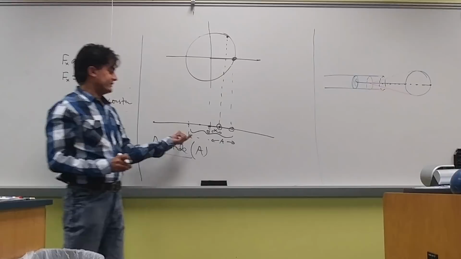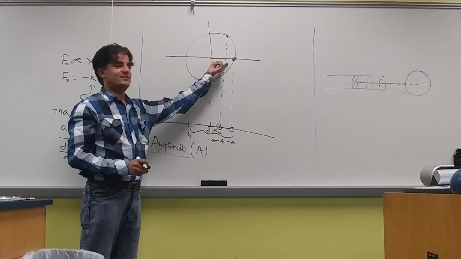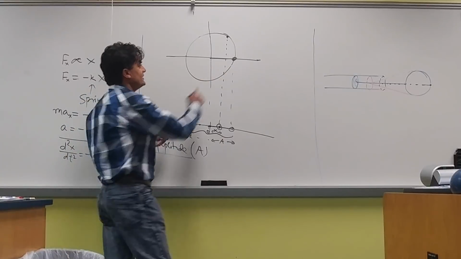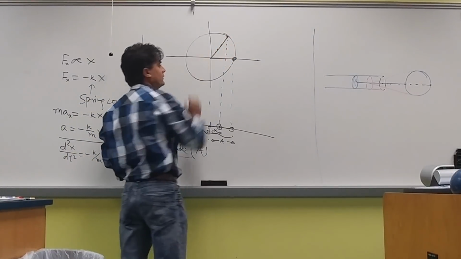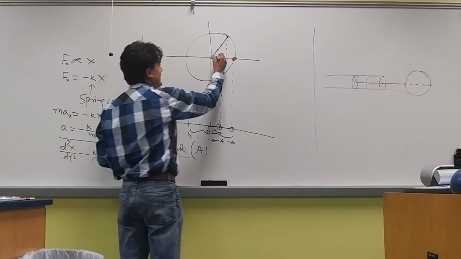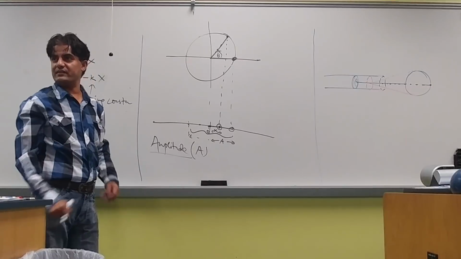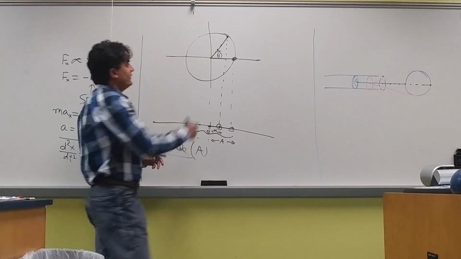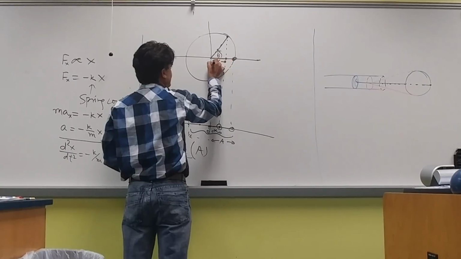In case of circular motion, that corresponds to your radius. So let's say the ball is somewhere here, and your angle is theta. Then your displacement is from here to here only, your x.